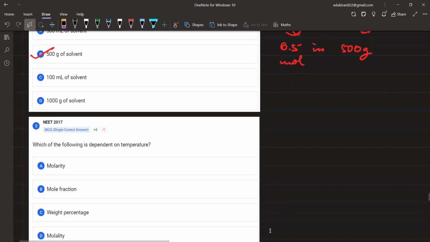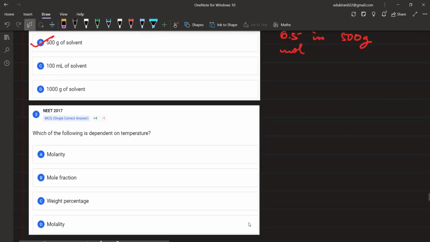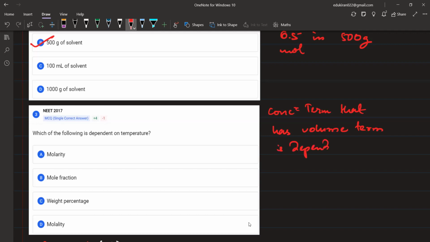See next. Which of the following is dependent on temperature? If you have any concentration term that has a volume term in it, that is dependent on temperature.